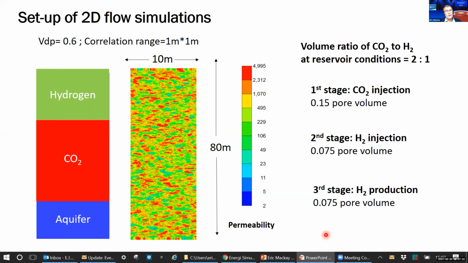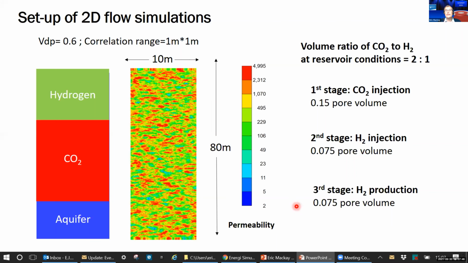So here's a model that was built to simulate this system. We'll have an aquifer, we'll have an injection of CO2 first of all as a cushion gas, followed by the hydrogen, which is the main working gas to be stored. It's a fairly simple cross-sectional model with a fairly high degree of heterogeneity, Dykstra-Parsons coefficient of 0.6, and a correlation length of 1 meter in the X and Z directions.